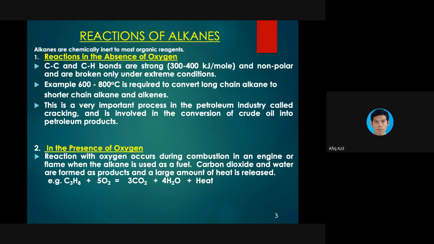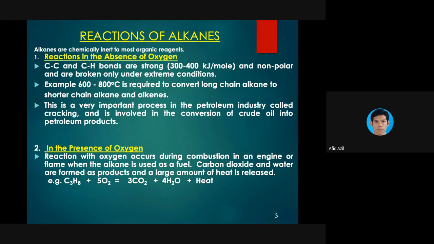Without the presence of oxygen, the carbon-carbon bond and also carbon-hydrogen bonds are very strong. The energy needed to break these bonds is around 300 to 400 kilojoule per mole, and these are also examples of non-polar bonds. Being non-polar covalent bonds, they can only be broken under extreme conditions.